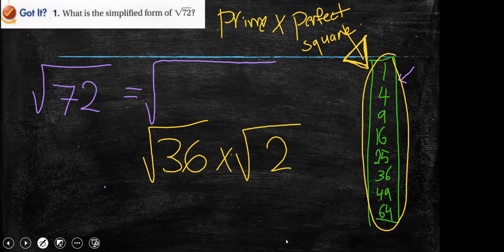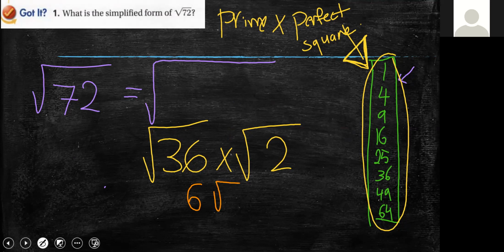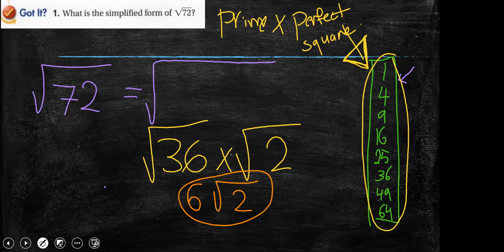Then what is the square root of 36? It is 6. And 6 times square root of 2. This will be the simplified one.